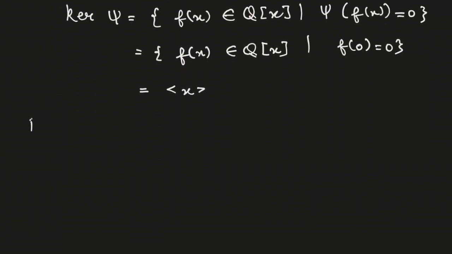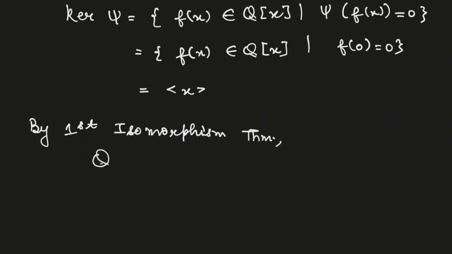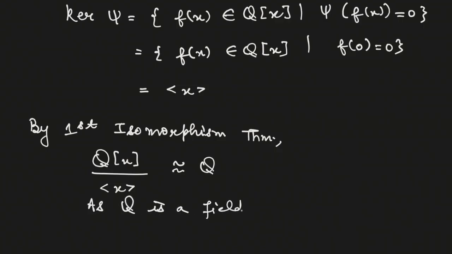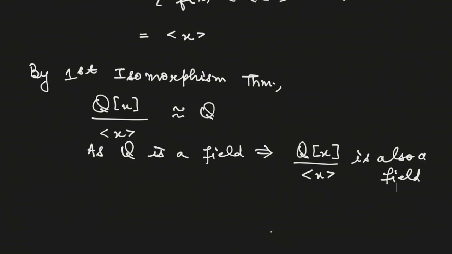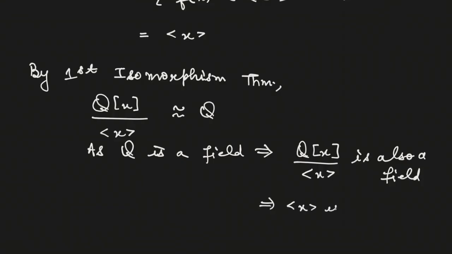Again by the first isomorphism theorem, Q[x] by the ideal x is isomorphic to Q, as the rational numbers form a field. So Q[x] by the generator x is also a field, and by that theorem the ideal generated by x is a maximal ideal in Q[x].